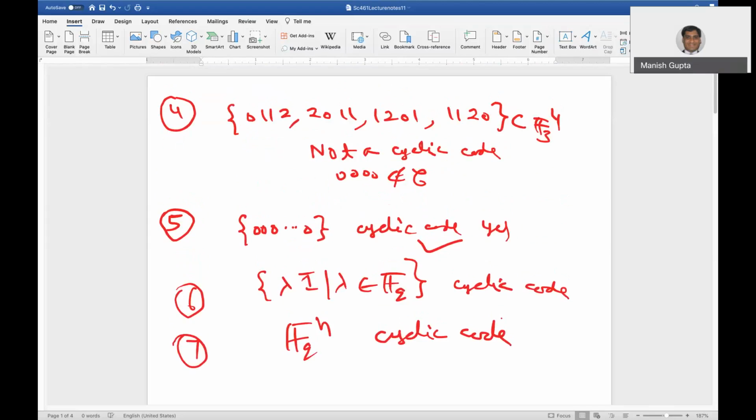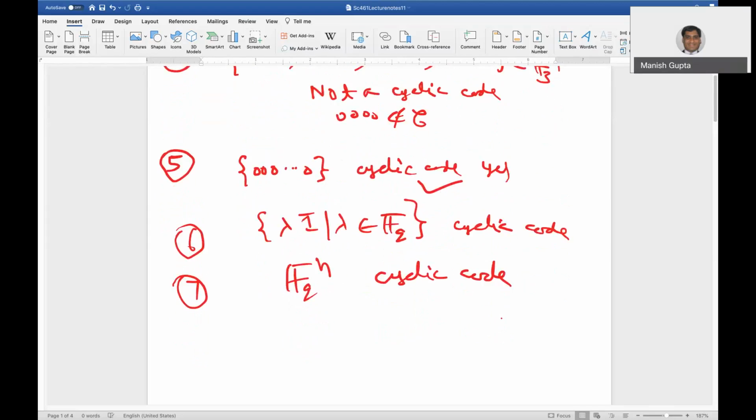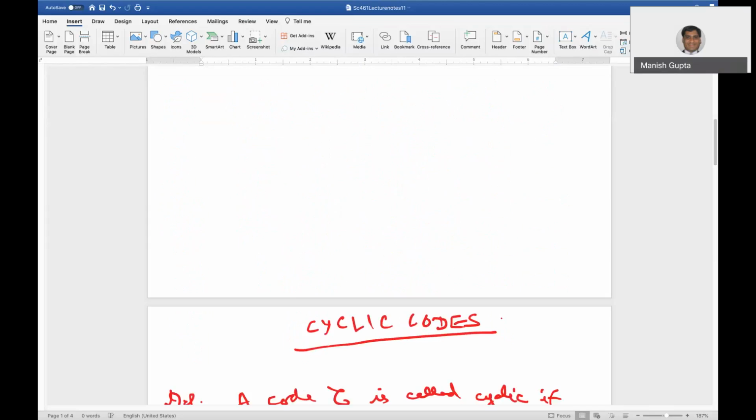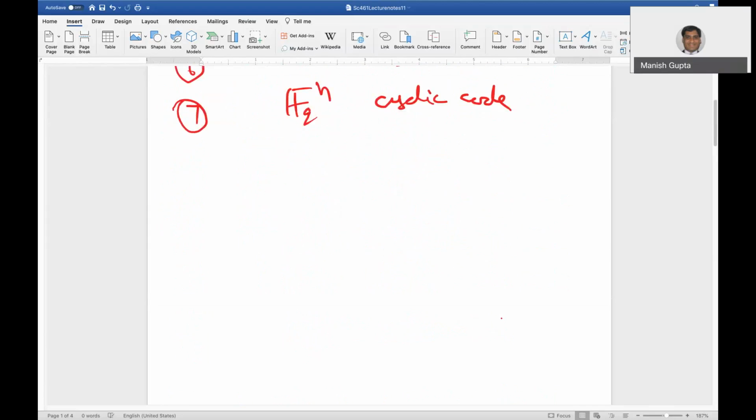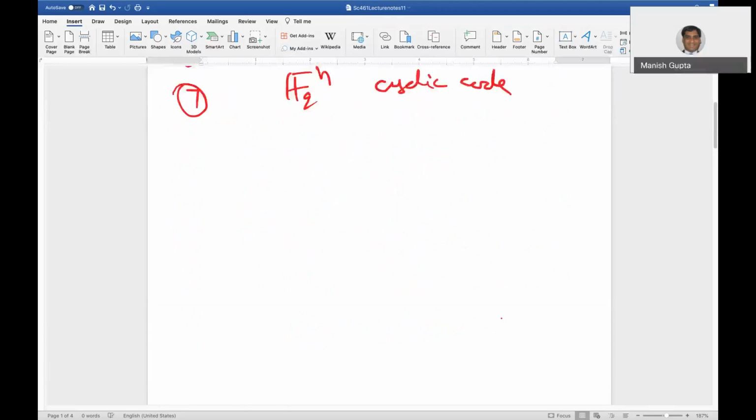So this is the basic definition and a couple of examples which I gave to you. Now the condition that we described about the cyclic code can be converted into what is known as an algebraic property in terms of polynomials. So let us see what that means.